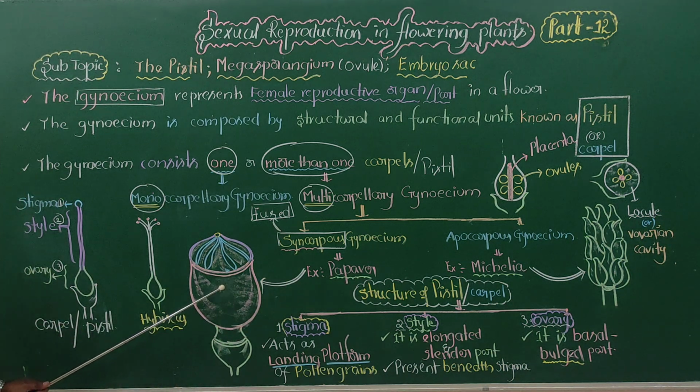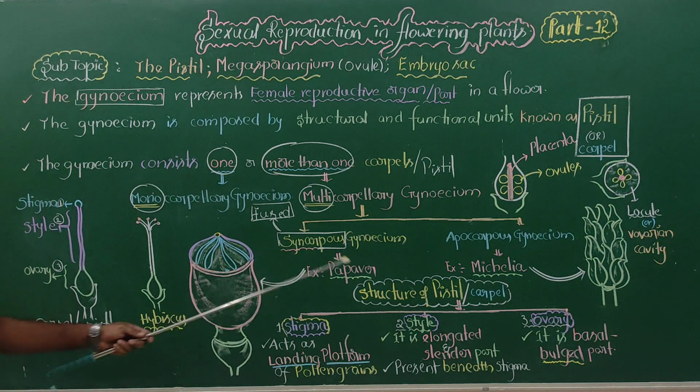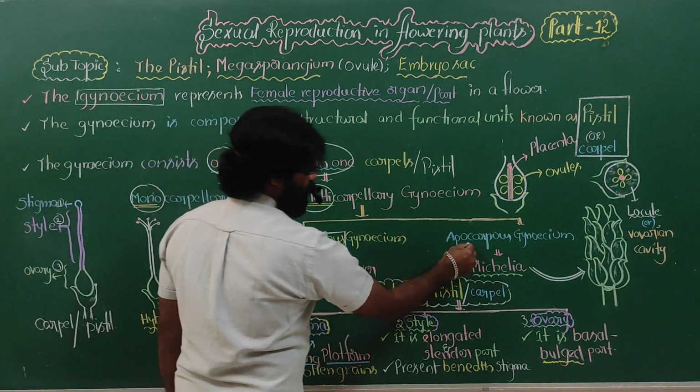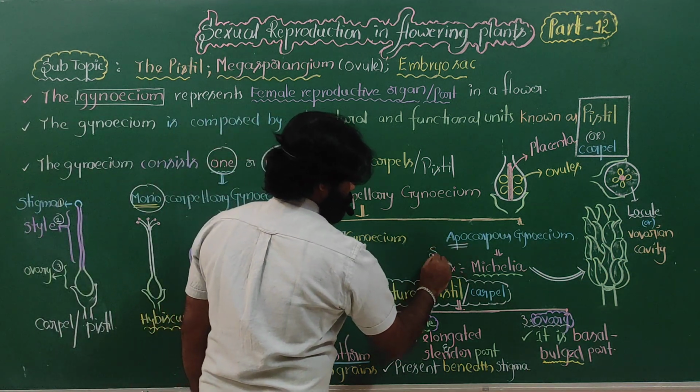It looks like this. Directly they will ask the question, what is this? It is a syncarpous gynoecium of Papaver somnifera. Next, the second one is apocarpous. Apo means separate.